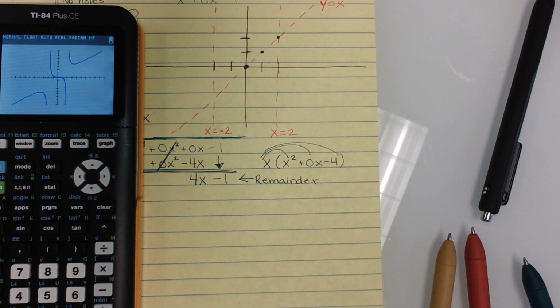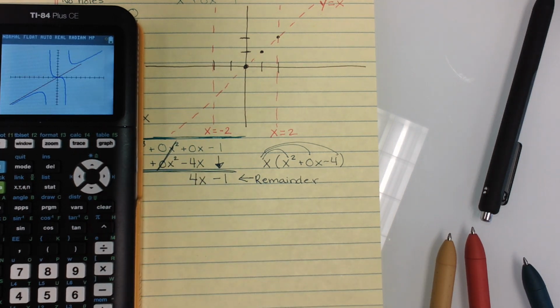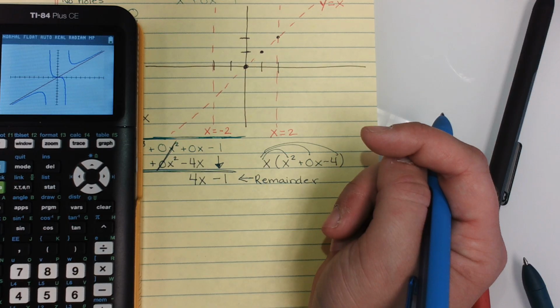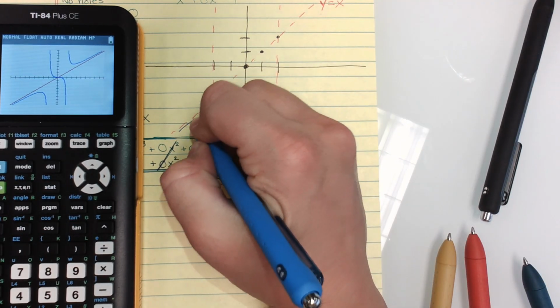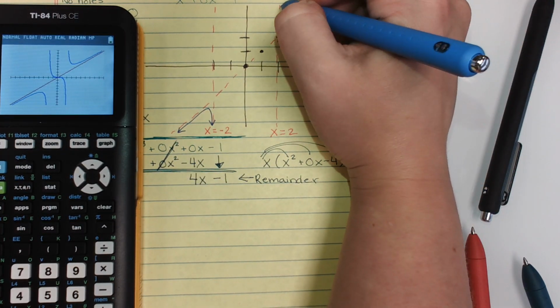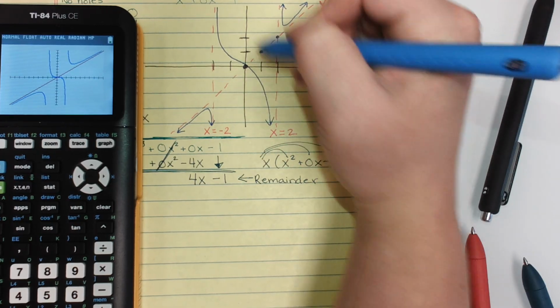That matches. If you think you screwed up on the long division, you can always put an oblique asymptote in as your y2. Does it appear like the graph is leveling out to that oblique asymptote? Yeah, which means I probably didn't screw it up. My graph is here a little bit, it's here, and then the middle goes like that.